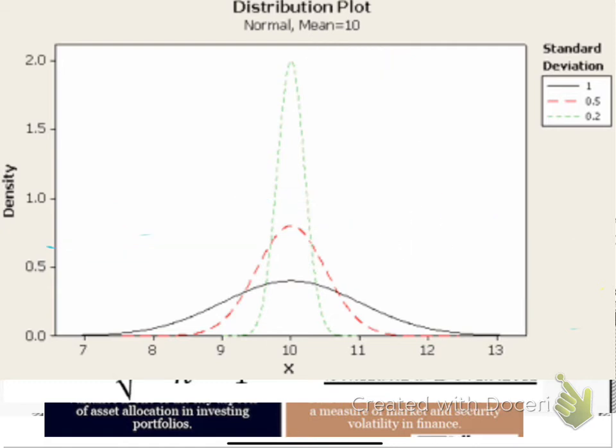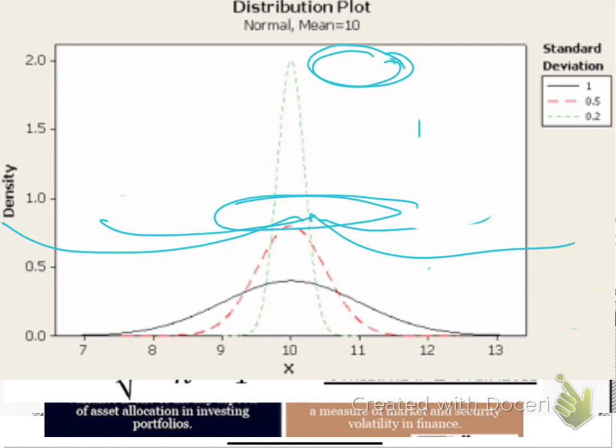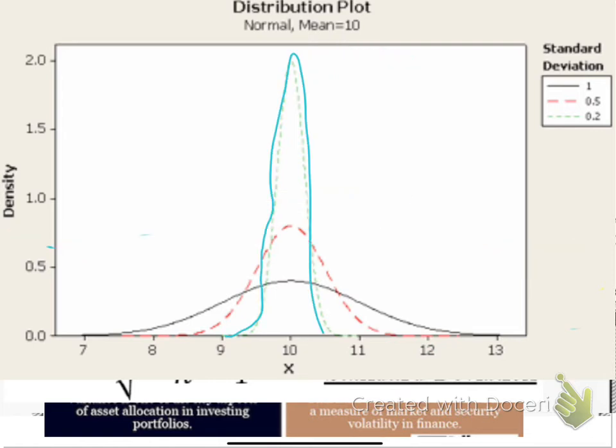So if I have a graph like this, look at the green one. All the data around the mean, see that this is the mean value, are very closely clustered around the mean here.